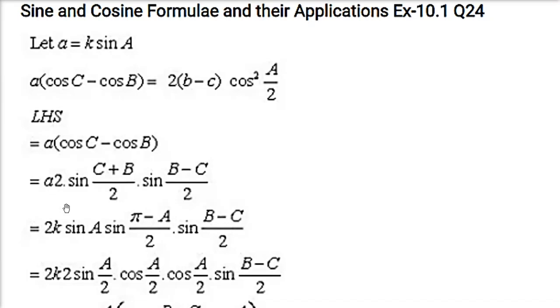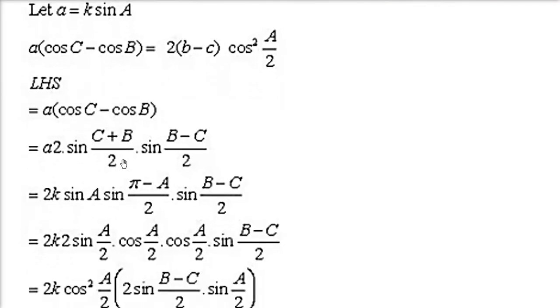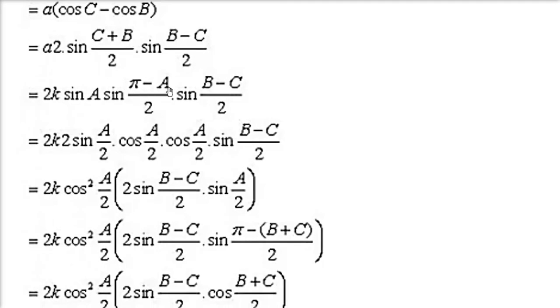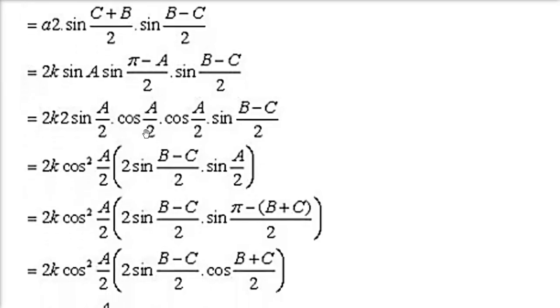So this a is k sin a here, and this cos c minus cos b is 2 sin c plus b by 2 and sin b minus c by 2. Now here b plus c or c plus b, we can write it as pi minus a, because a plus b plus c is pi. So this is sin pi minus a by 2, that is sin pi by 2 minus a by 2. So sin pi by 2 minus a by 2, that is sin 90 minus theta, is cos theta. So you have cos a by 2 here.